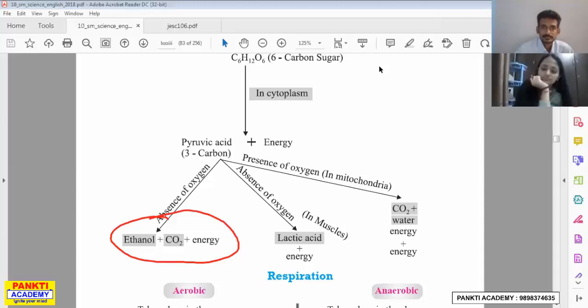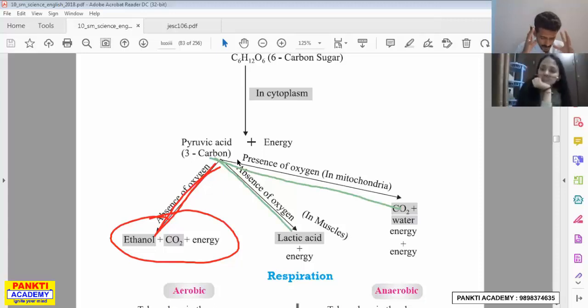This is called anaerobic respiration. Now the second one. This part was anaerobic. Now the green color part, these two happen in humans or other living organisms.